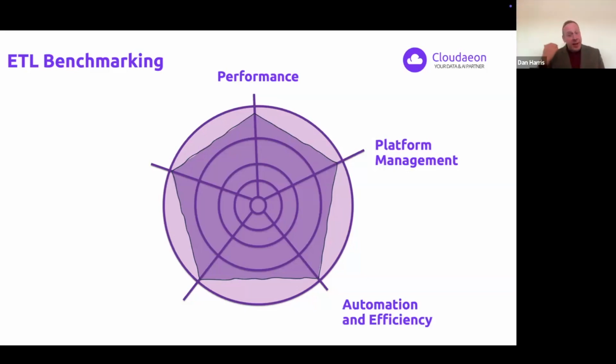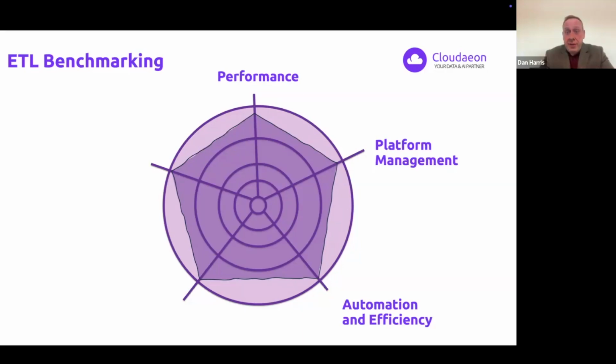Yeah, automation efficiency, what it says on the tin, right? So how much have we actually automated this? And that could be down to building repeatable, extensible pipelines. So a lot of people will get going with a pipeline. They'll code those, and coding pipelines is very, very flexible, particularly using Spark, very efficient.